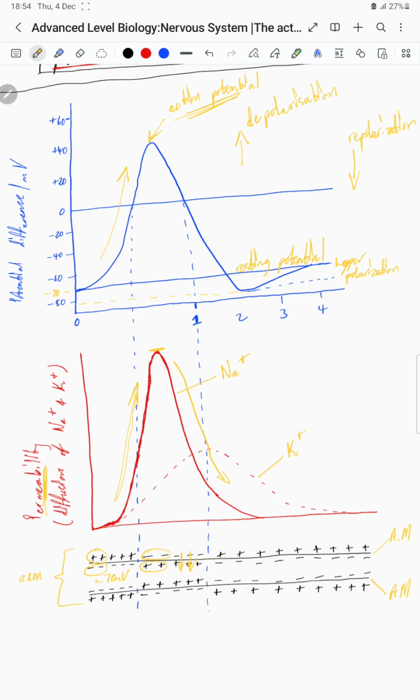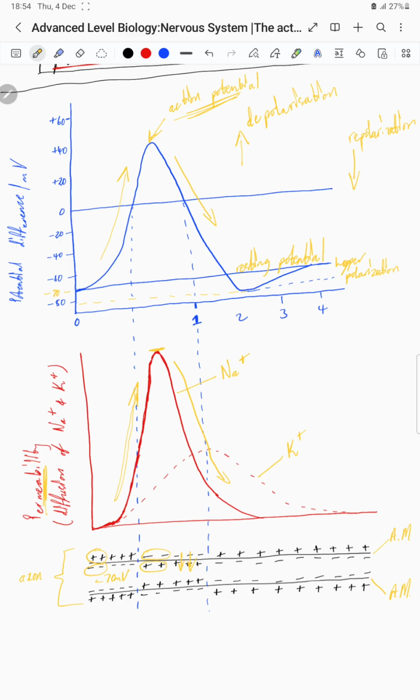We also see on the blue graph that the potential difference starts to decrease, going to repolarization again.